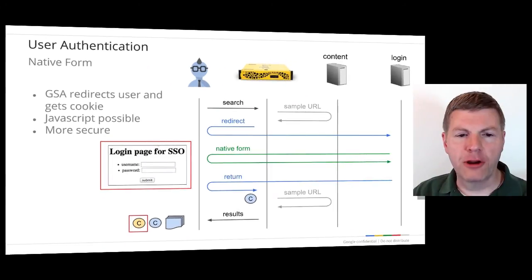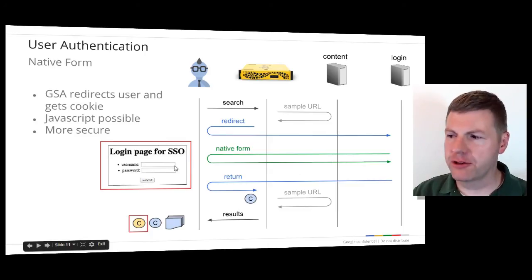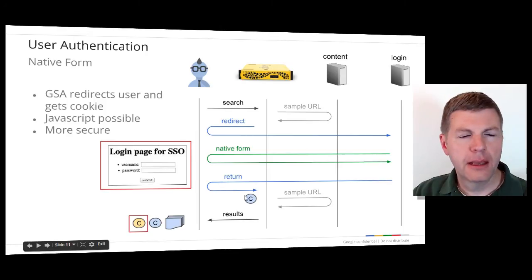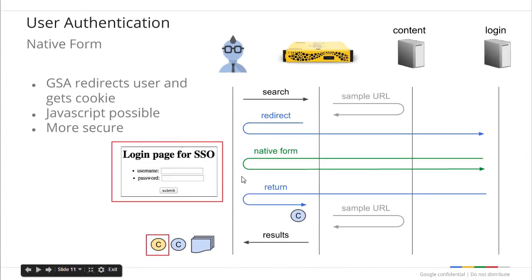In the second approach, instead of proxying the login form, the GSA simply redirects the user's browser to the login form. The login server authenticates the user, then redirects the user back to the GSA. Because the user interacts directly with the login form, JavaScript or other client-side functionality won't cause a problem.